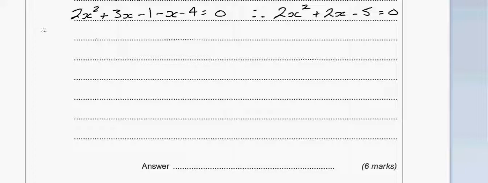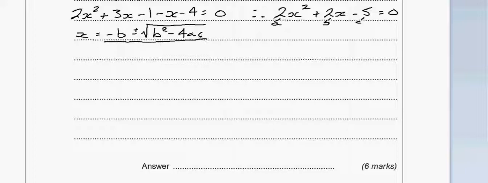So for the quadratic formula, remember, this equals a, this equals b, and this equals c. Now the quadratic formula states that x equals minus b plus or minus the root of b squared minus 4ac, all over 2a.